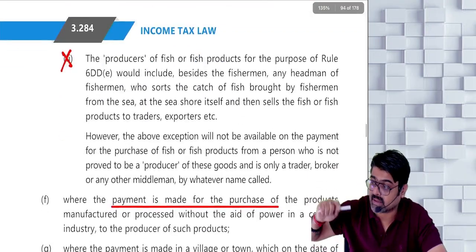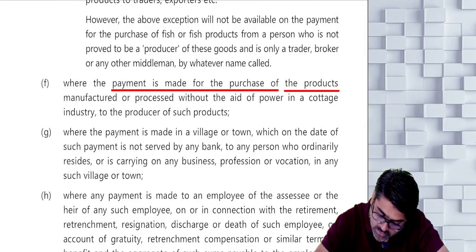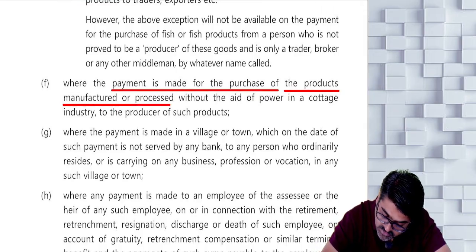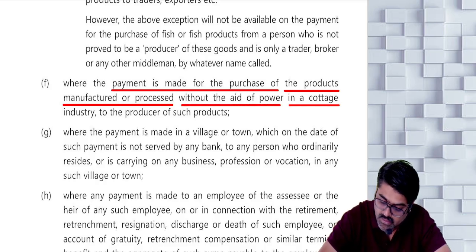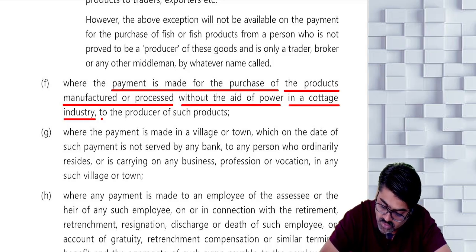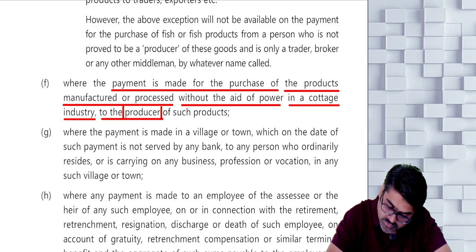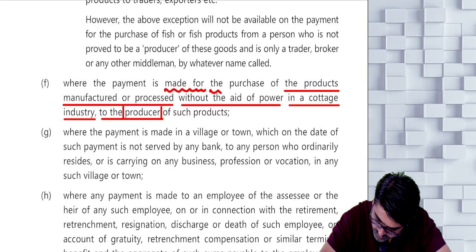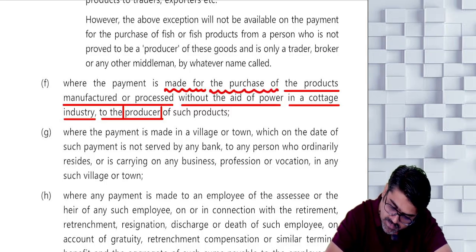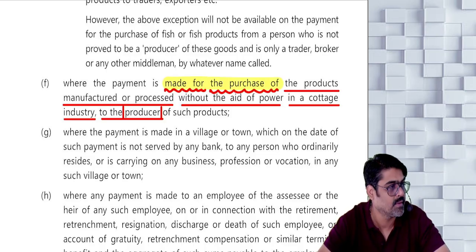Here they are saying that now you are going to make the payment for the purchase of which product? The products which are manufactured or processed without the aid of power in a cottage industry, to the producer of such product. Now tell me, payment is made for the purchase of what product?